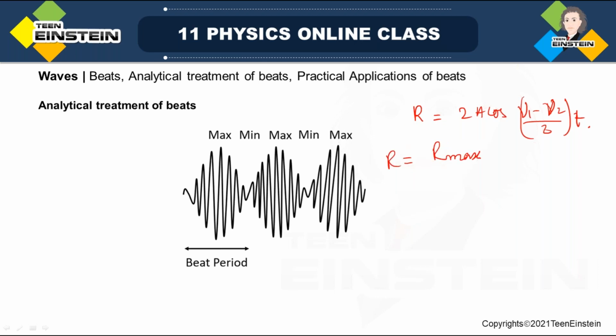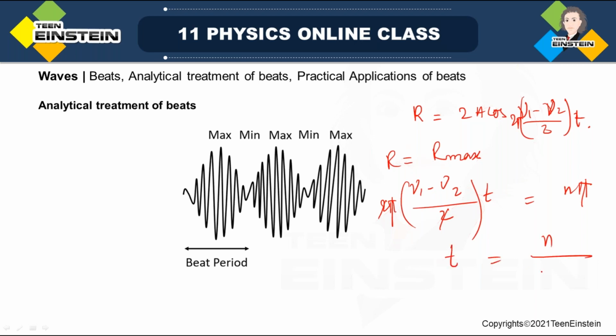It can become maximum when this into t is equal to n pi. Here actually there should be a 2 pi over here, so this gets cancelled, and t will be n by (nu1 minus nu2).